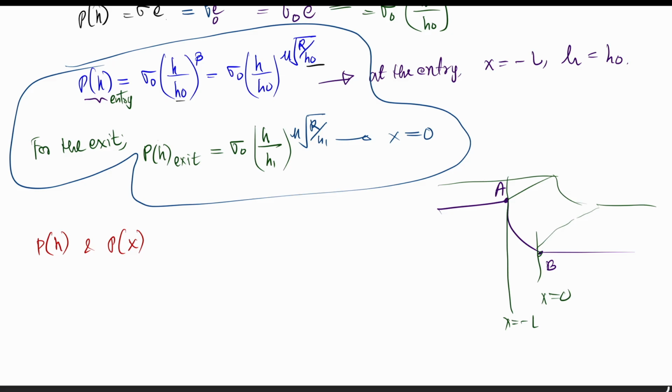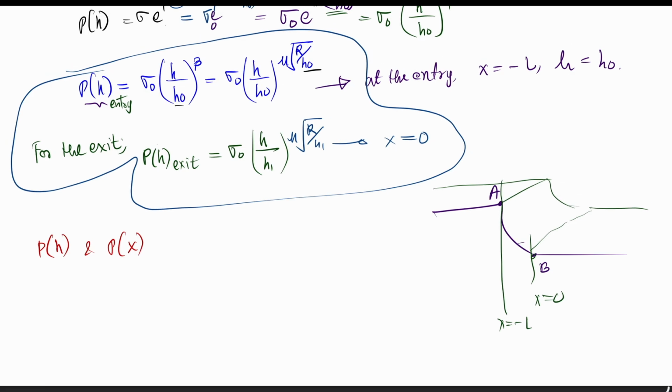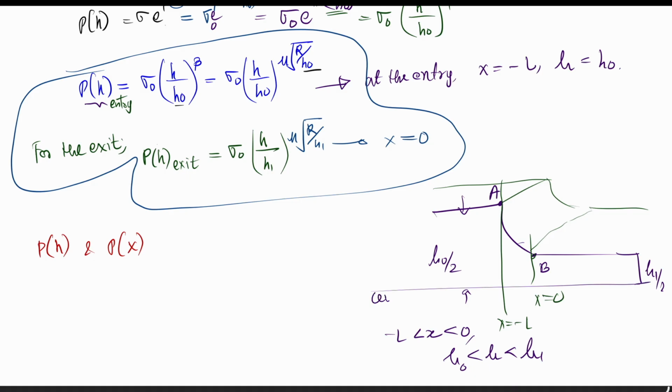If you see this carefully, at any instant where x is greater than minus L and less than 0, you will have h which lies between h1 and h0. So you can see here, this is your h0 over 2 and this is h1 over 2.